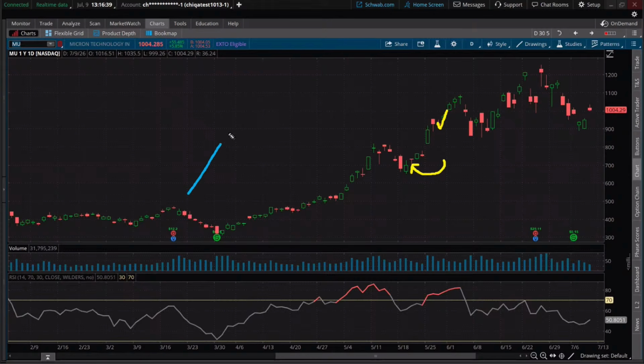A lot of times, say we're looking at a flag pattern and we get a close above the high of the low day, it's just barely starting to run. A lot of times it'll go like this and come back down and then take off. This right here is your 5-day window.